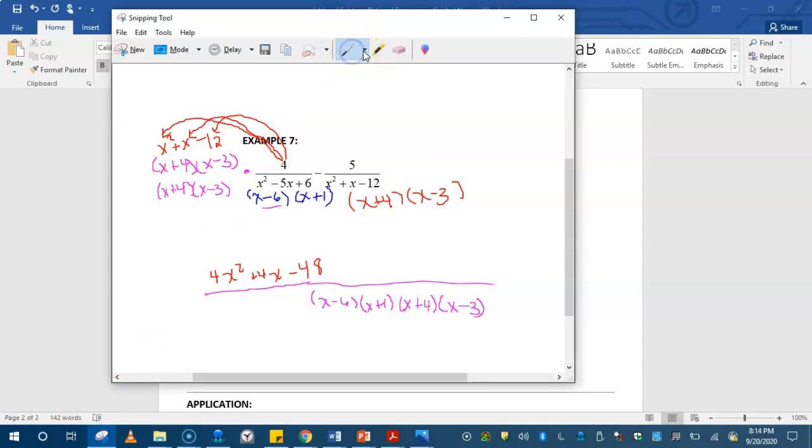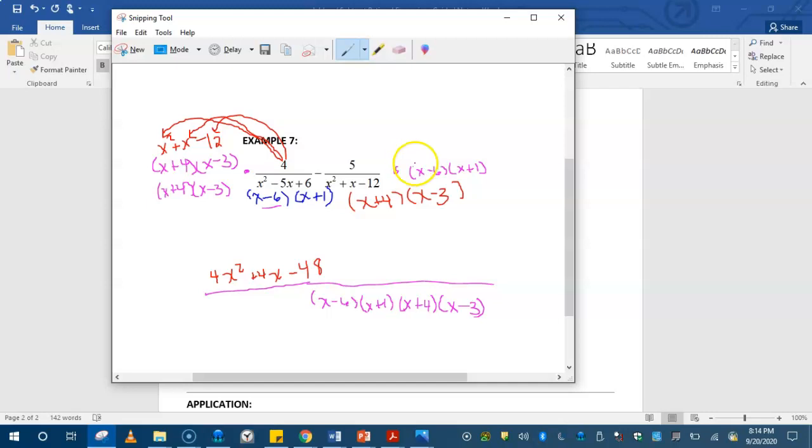All right, so the next thing I will be multiplying. Let's see what's missing. Well, this had the x plus 4 and the x minus 3, but it is missing the x minus 6 and x plus 1. So I need to multiply both numerator and denominator by the x minus 6 and x plus 1.